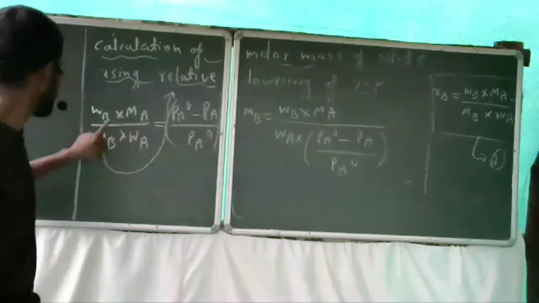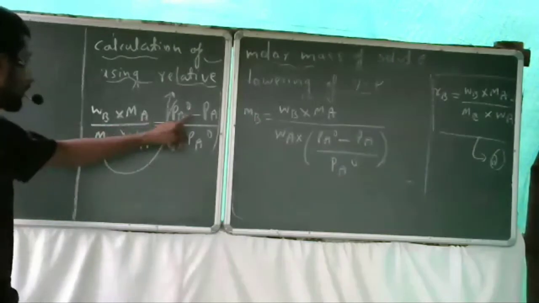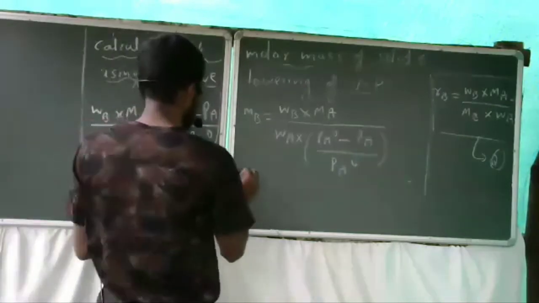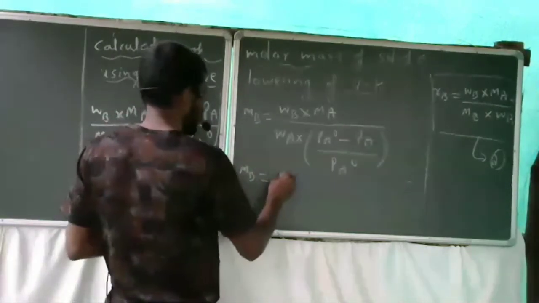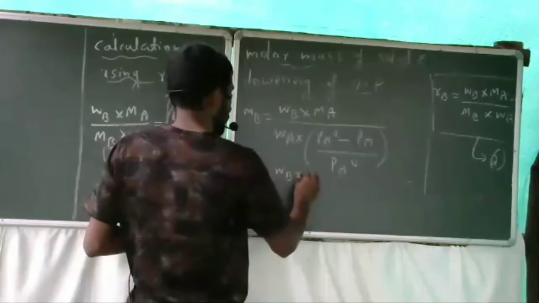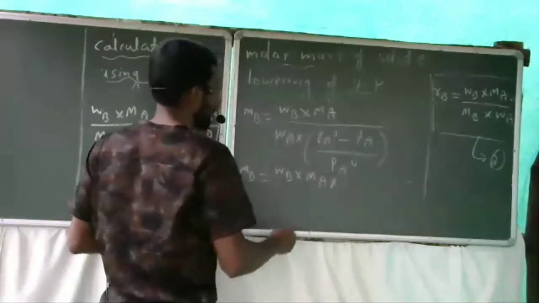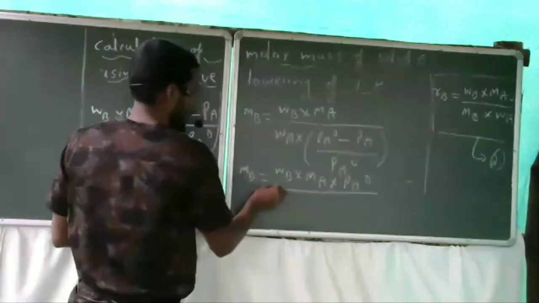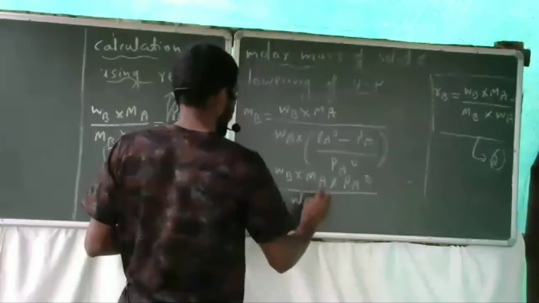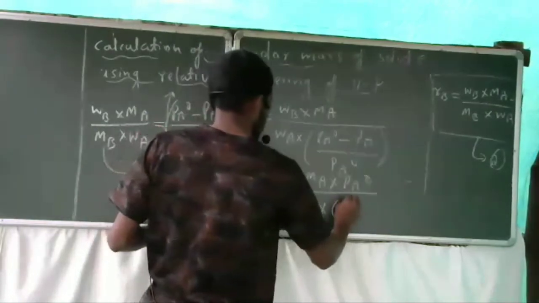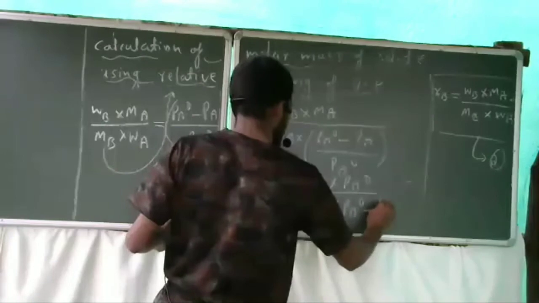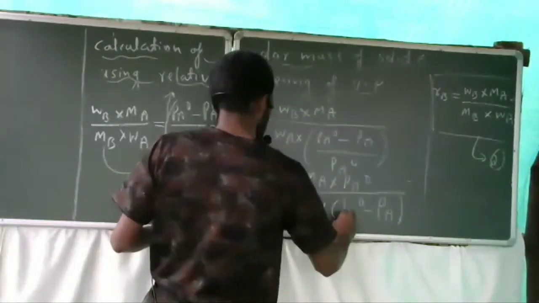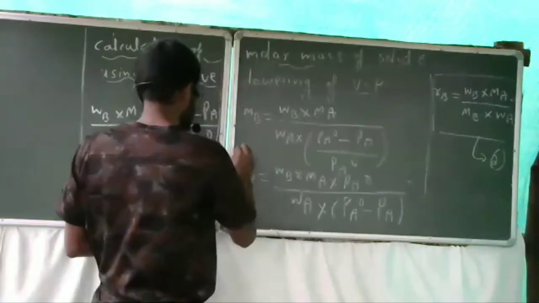Mb equal to Wb into Ma into Wa divided by this complete term, or we can write Mb equal to Wb into Ma into this PA naught divided by Wa into PA naught minus PA.